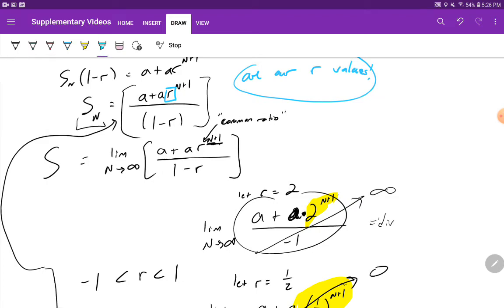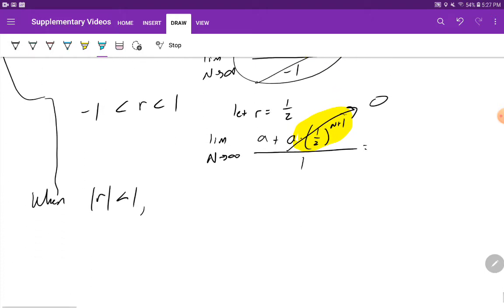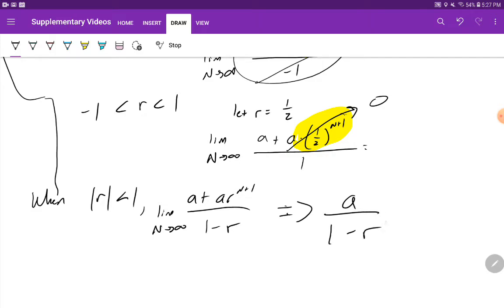This second term right here, we can kind of disregard it because we're letting n go to infinity. Essentially, a plus ar to the n plus 1 all over 1 minus r. When we do this n going to infinity action, this becomes a over 1 minus r, the true sum. That's where it comes from.